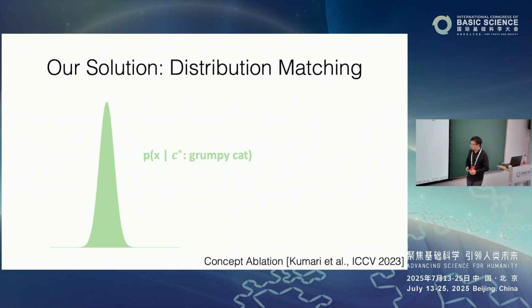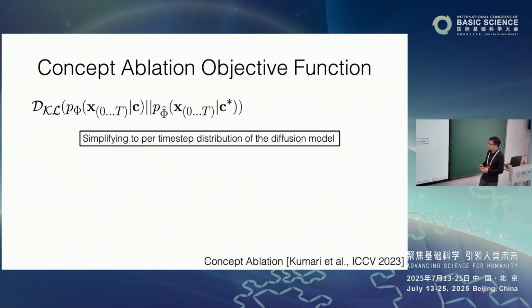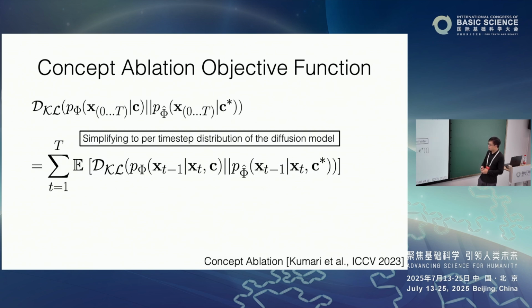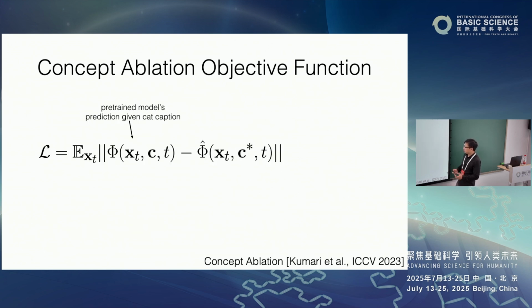In short, we would like to minimize the distribution gap between the grumpy cat distribution and the cat distribution. This is the fine-tuned model with grumpy cat captions. We try to make sure it's closer to the pre-trained model with cat captions. I will skip some details, but minimizing the KL divergence is equivalent to minimizing the L2 distance.